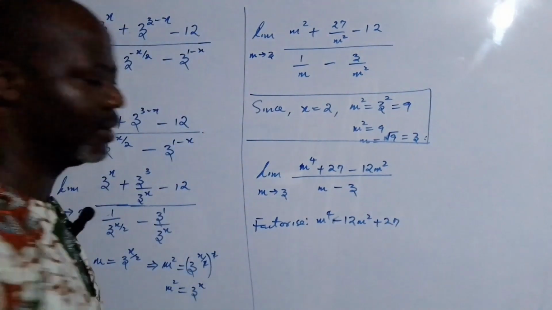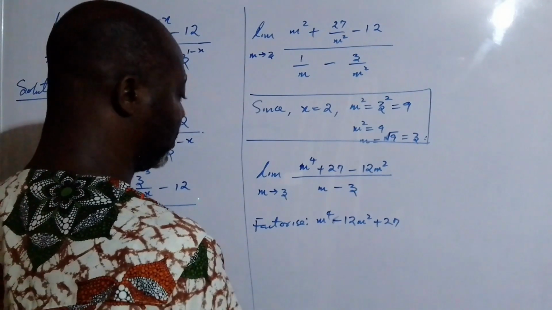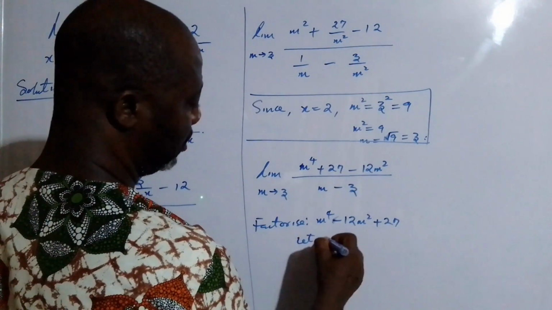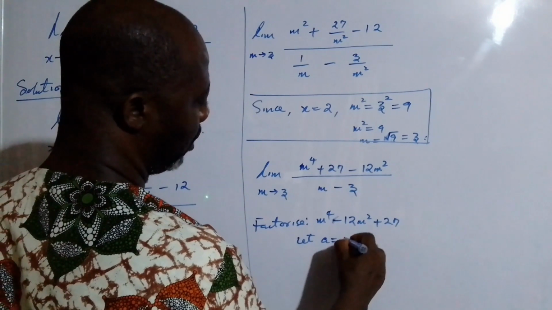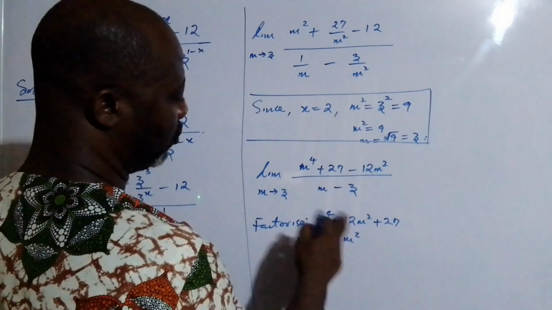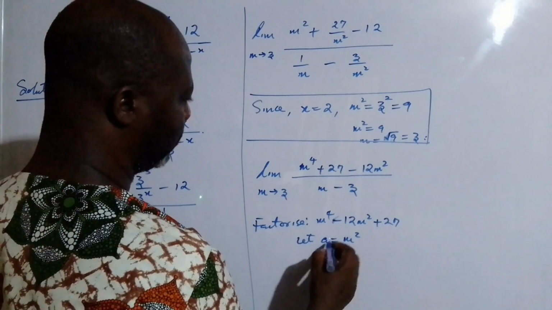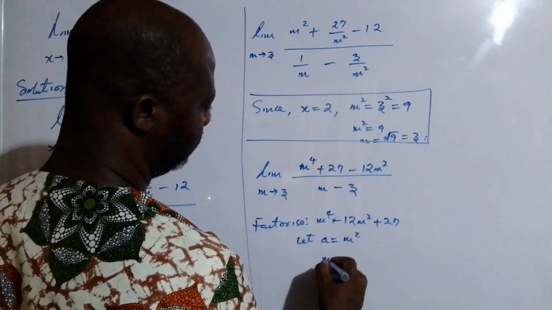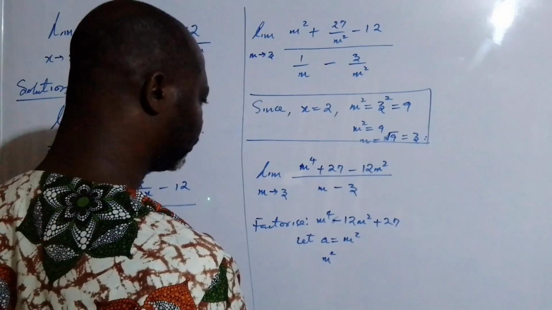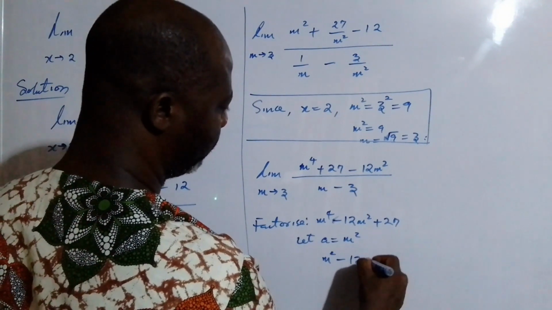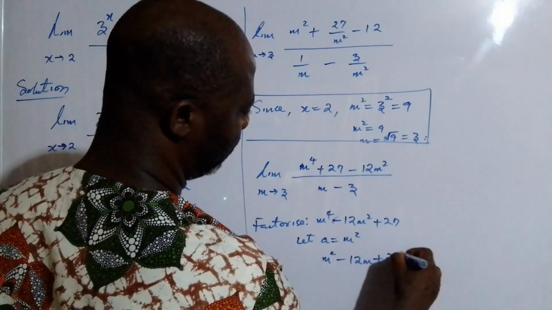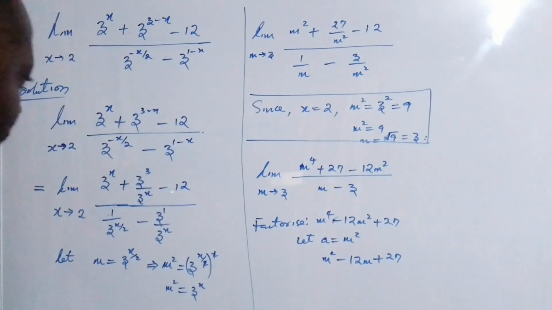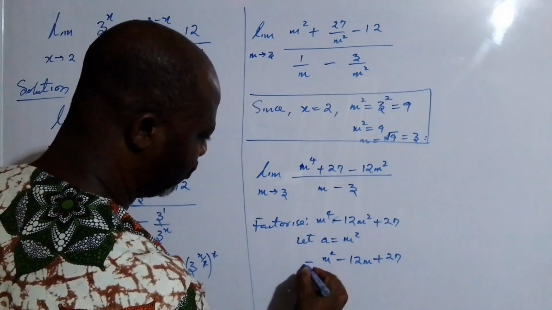To make it easy, let a equal m squared. Whenever we see m squared, this now becomes a squared minus 12a plus 27.